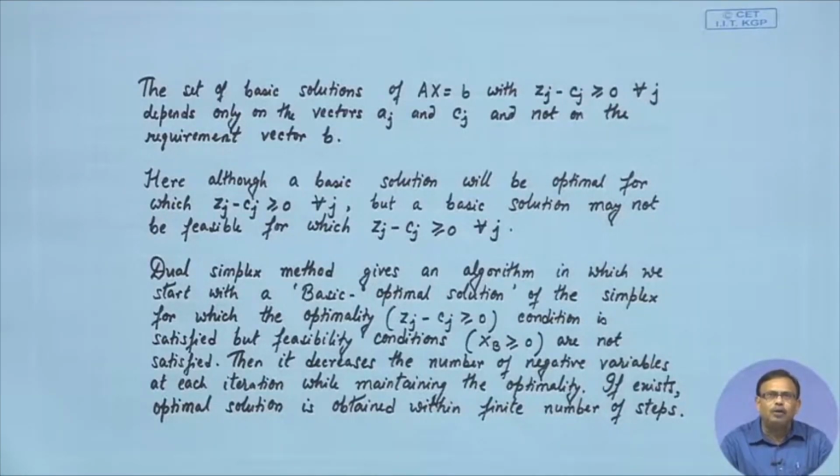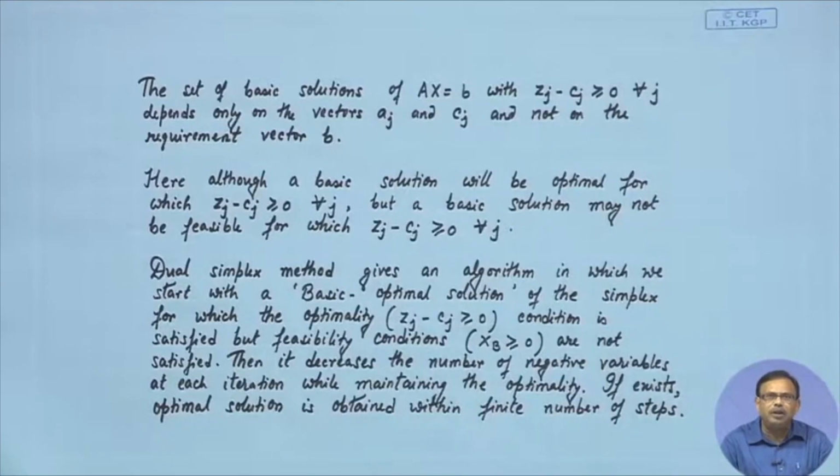So whenever we find a basic optimal solution, the optimality condition z j minus c j is always satisfied, but the feasibility condition, that is non-negativity of the decision variables, or x b greater than equals 0, may or may not be satisfied. Then it decreases the number of negative variables at each iteration while maintaining optimality.